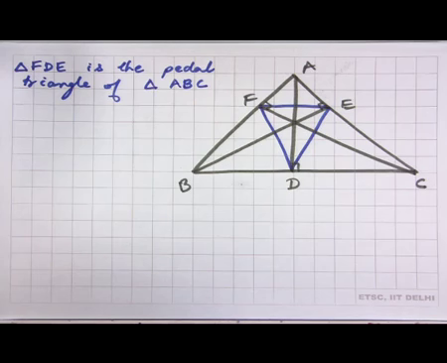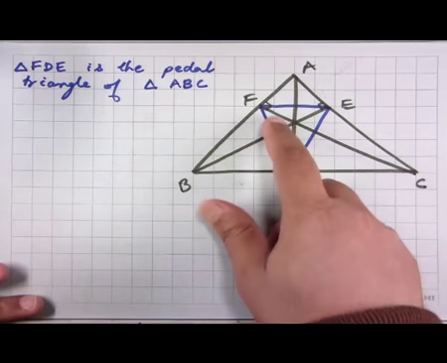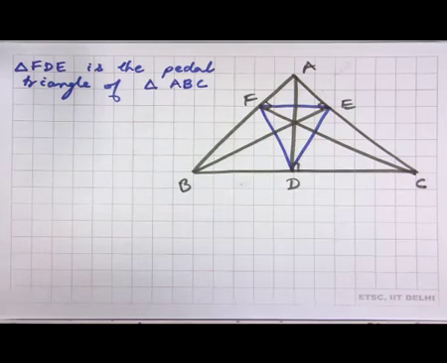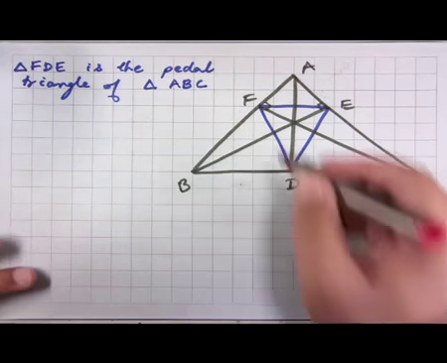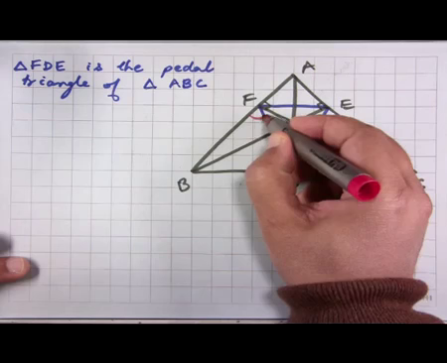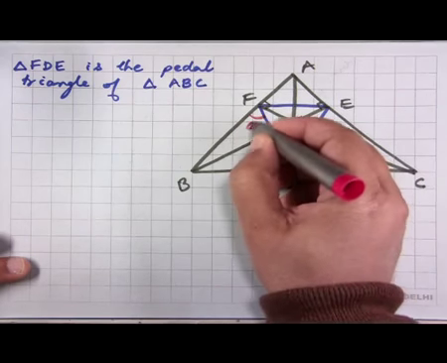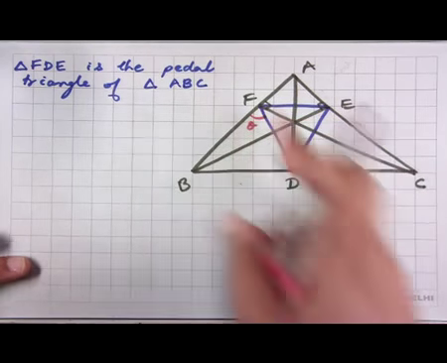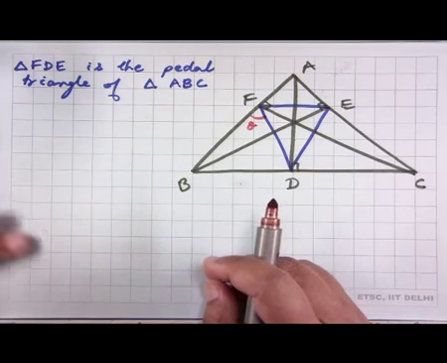So, to find the expressions for the internal angles of this pedal triangle, let us start by first trying to compute this angle BFD, which I have denoted by theta.